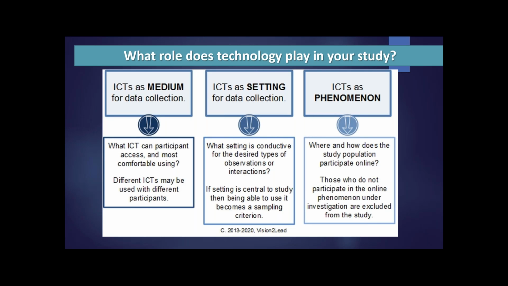So you might have some people who don't have the ability to use some of the more sophisticated technologies, but their experience is something that you want to access. Perhaps you're using email or something like that with someone because they don't have a camera, or they don't have broadband.